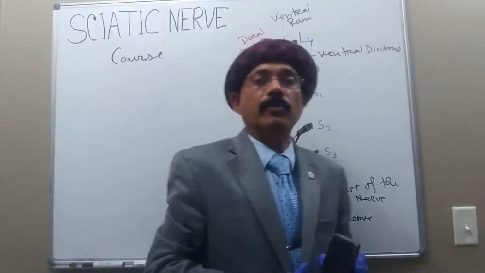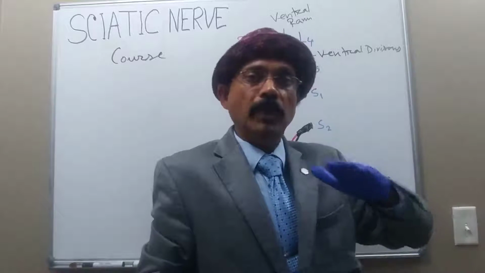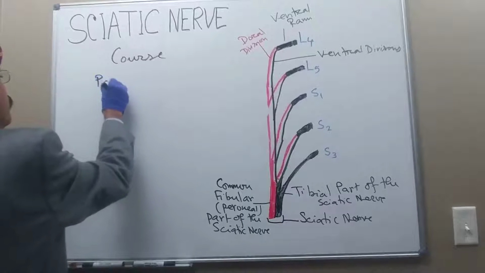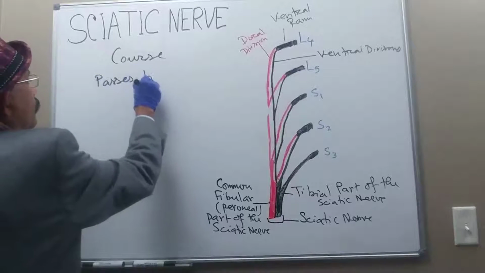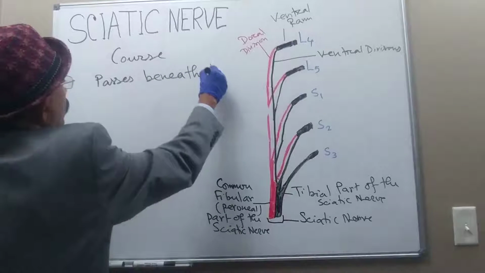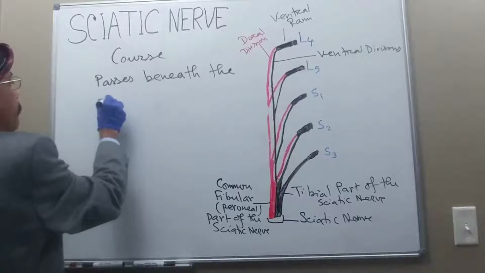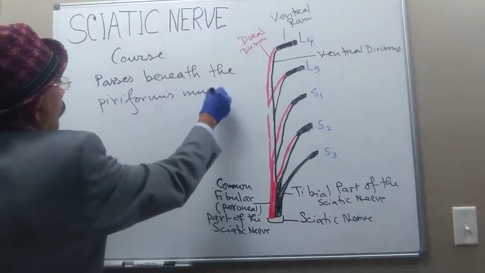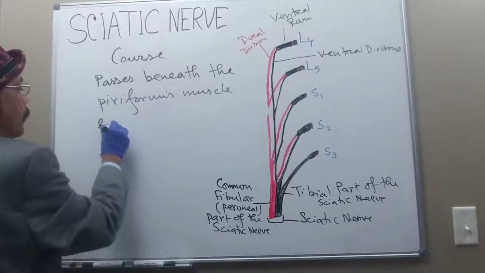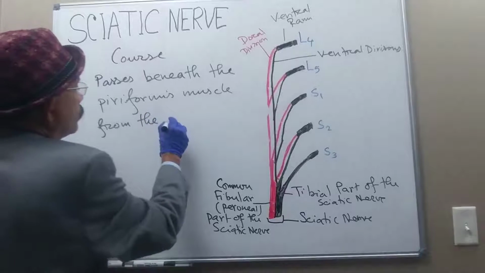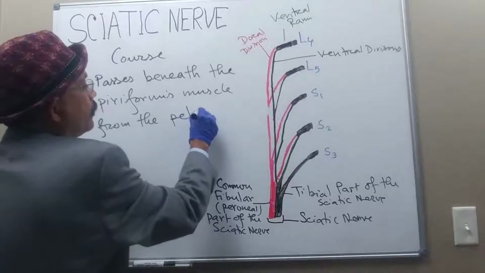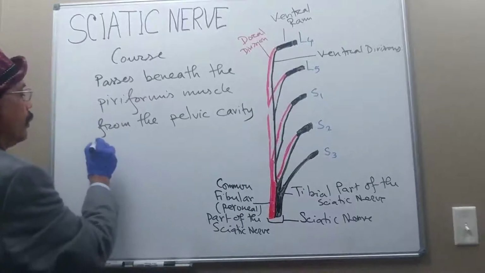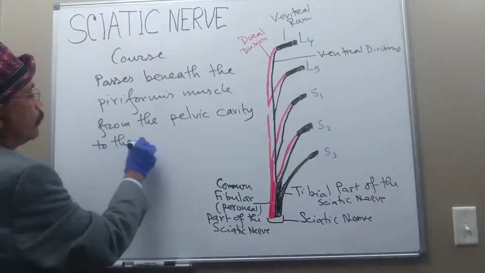The sciatic nerve passes below the piriformis muscle, beneath the piriformis muscle, from the pelvic cavity, we can call it the true pelvis, to the gluteal region.